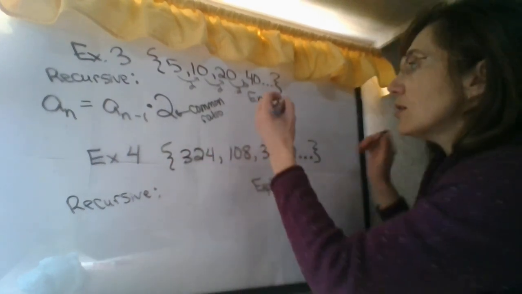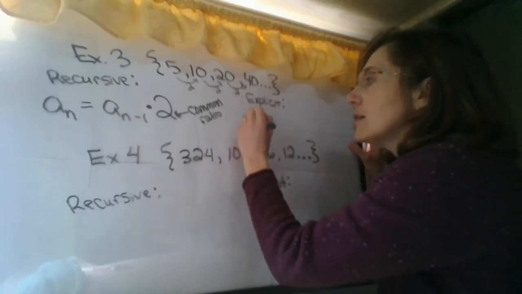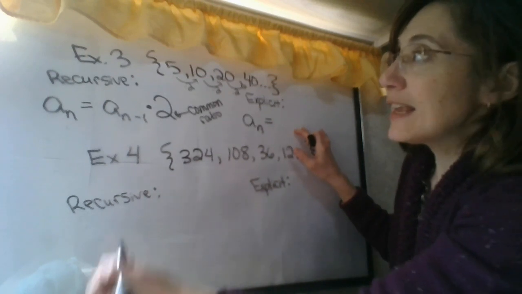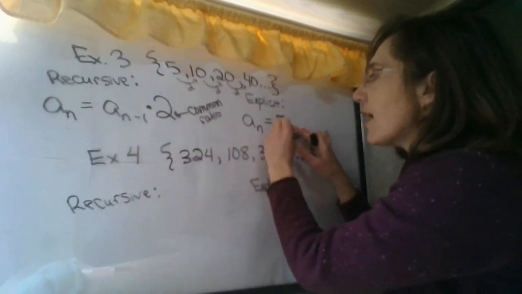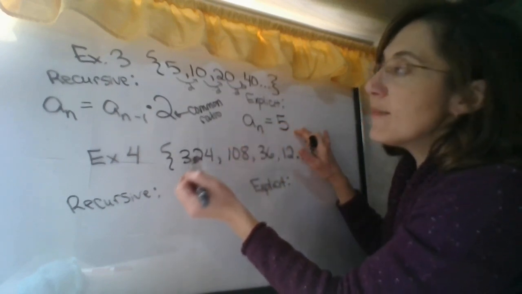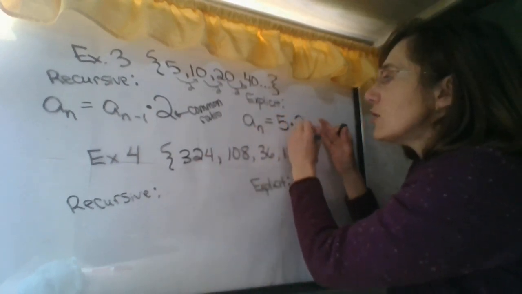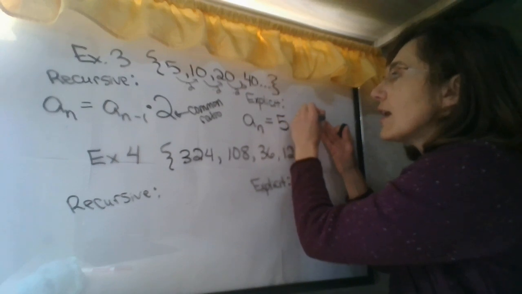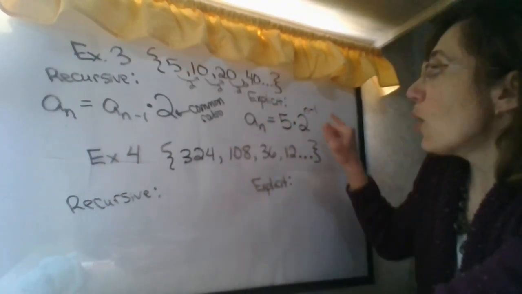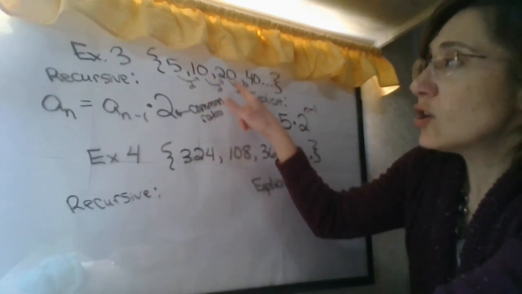If I'm multiplying by 2 over and over and over again, that means that 2 could be the base for an exponent. So for the explicit formula, to find a sub n, we want to know what our beginning value is, which in this case is a 5. That would be a sub 1, you could call it. And then we're going to multiply by 2 over and over and over again. The number of times that you're going to multiply by 2 will be 1 less than the term number you're on.